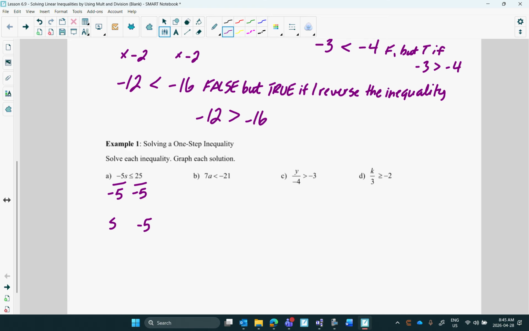And what happens to the inequality? Because I divided by a negative, reverse it. But if you divide by a positive, you don't reverse it? Exactly. The only time you reverse it is if you divide by a negative or you multiply by a negative.